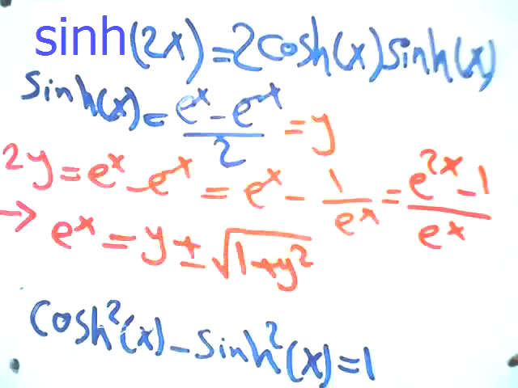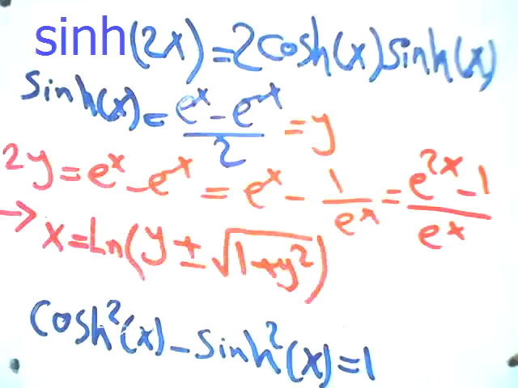Now, according to the definition of logarithm, x would be equal to ln of this. Since the base of the logarithm, the Neper number, is positive, what is in front of it should also be positive. So let's check two cases.